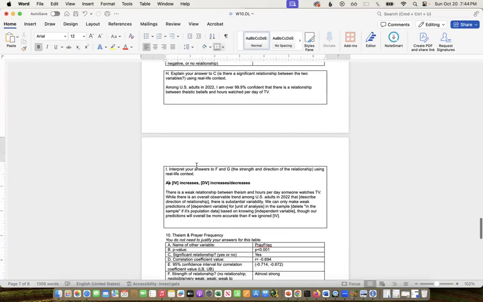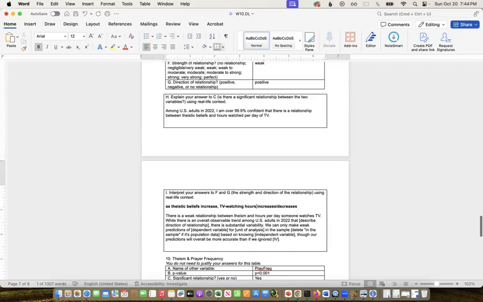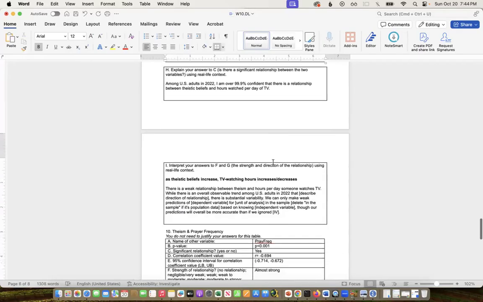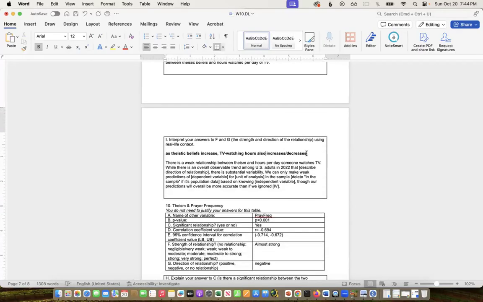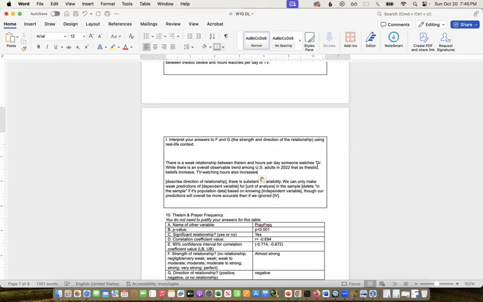So as theistic beliefs increase, right? So as people believe more in God, we're saying TV watching hours, this was positive, also increases. This is positive. So that goes in describe direction of relationship.